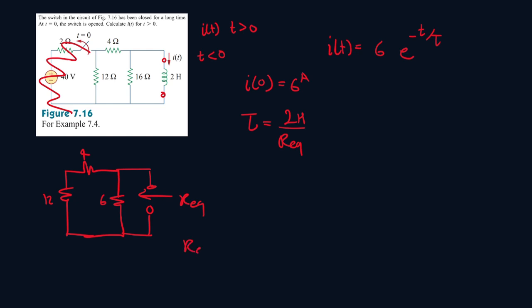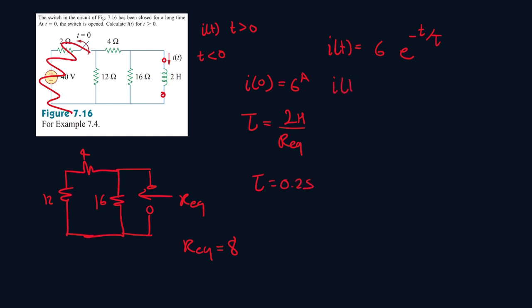Oh wait, sorry, this is 16, not 6. My bad. So 12 plus 4, that's 16. 1 over 16 plus 1 over 16 to the power of minus 1, that's 8. Sorry. Okay. Now the time constant will be 2 over 8, which is 0.25.